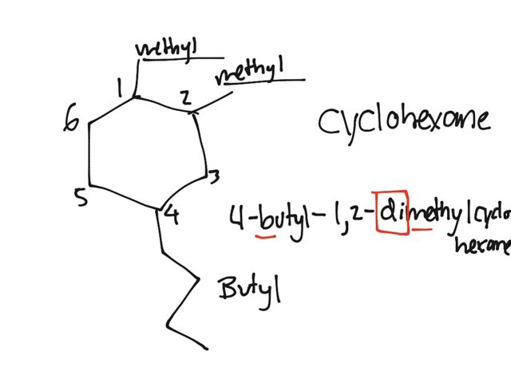And then, so let's try one more. For example, let's try this. Wait, let me erase that. So first we'll count how many carbons are in the ring. So there'd be 4. 1, 2, 3, 4.